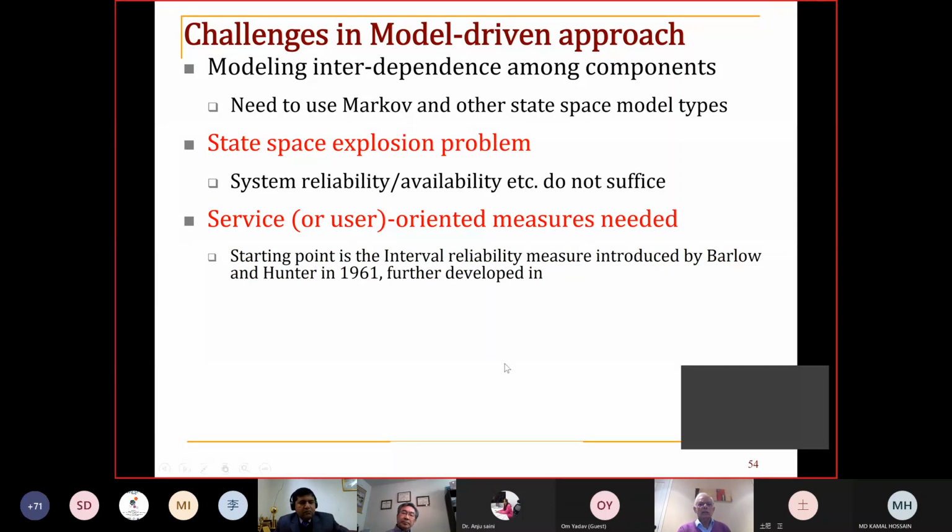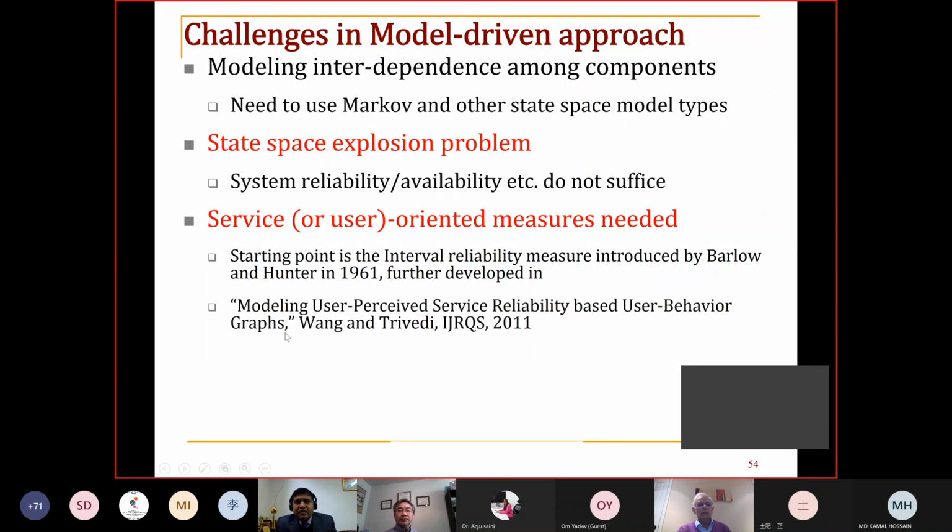And one interesting starting point is the interval reliability concept introduced by Barlow and Hunter in 1961, which has been further developed in a paper that I wrote for Hong Farm's journal IJRQS, Modeling User Perceived Service Reliability Based on User Behavior Graph. This is a very rich paper in concepts, but very little explored by other people.